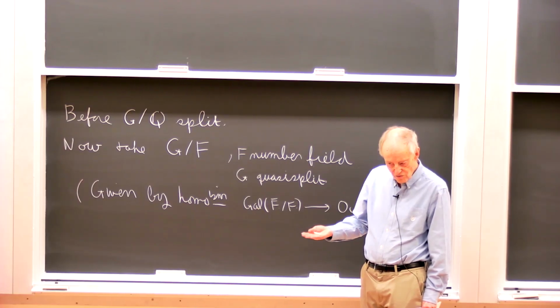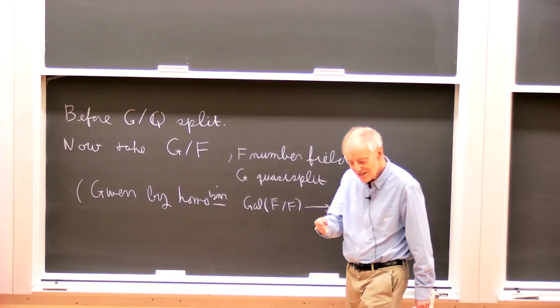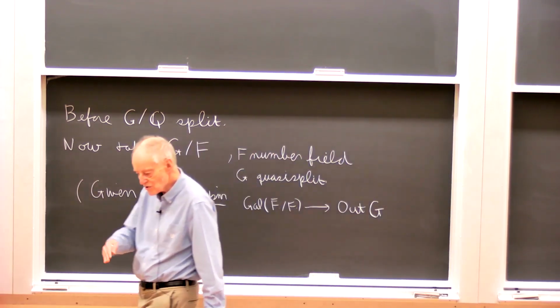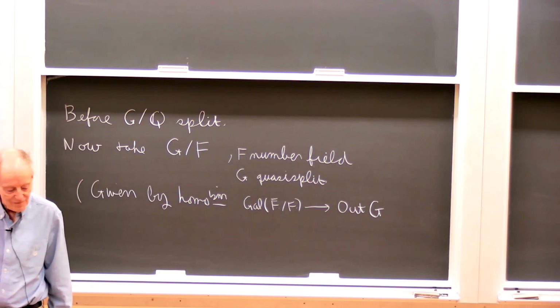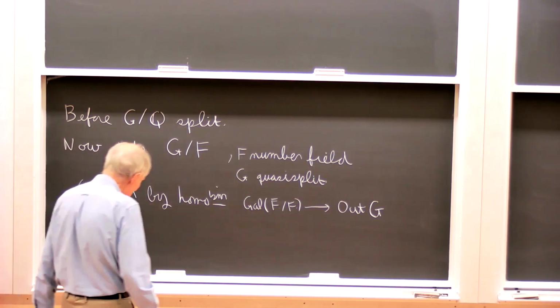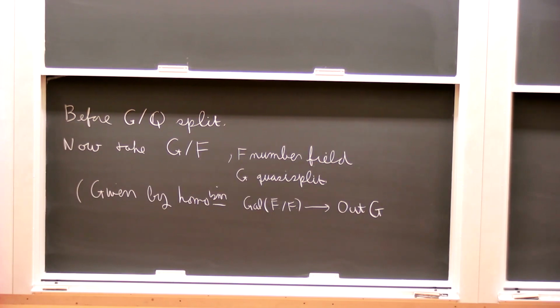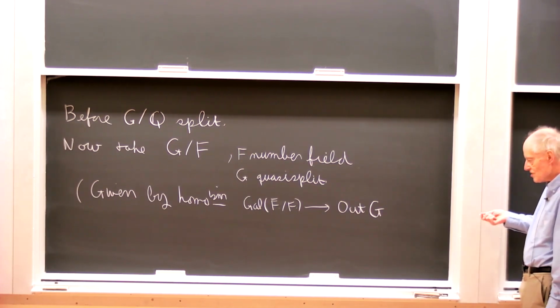First of all, you pick a Borel subgroup. Outer automorphisms, remember, are automorphisms that are defined modulo inner automorphisms. So for every outer automorphism, you can get a canonical description of it.